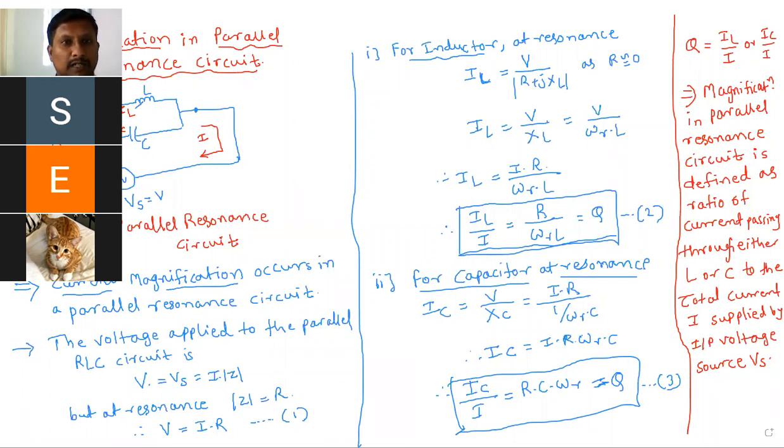If they ask for 4 marks, then 2 marks for series and 2 marks for parallel. It depends on the question. Very simple: in series resonance circuit magnification happens in voltage, whereas in parallel resonance circuit magnification occurs in current. Remembering that, there should not be any problem.